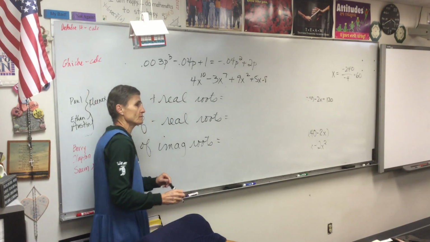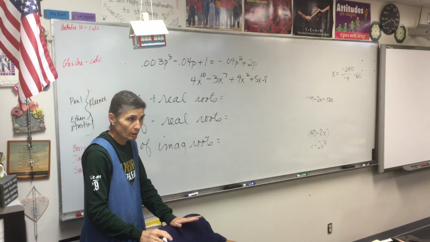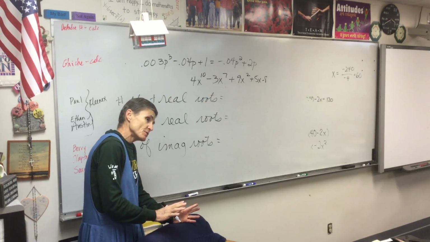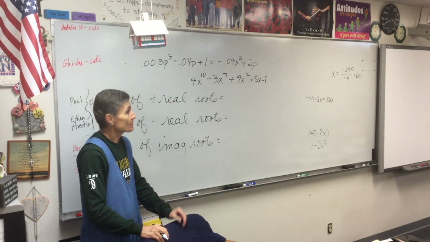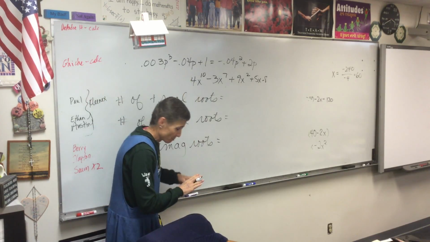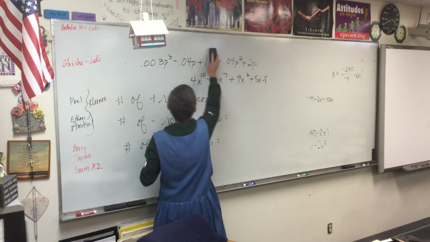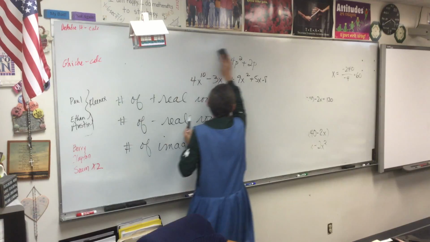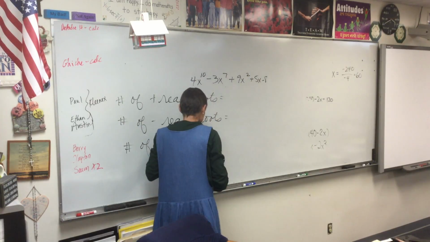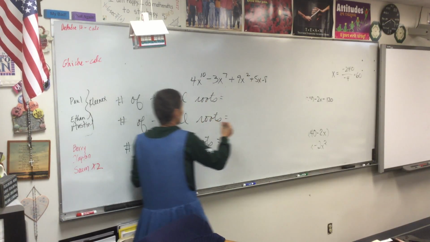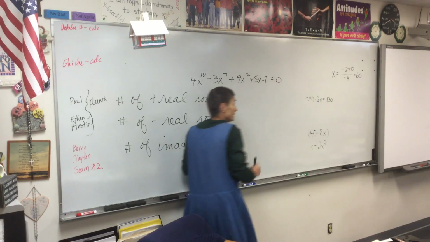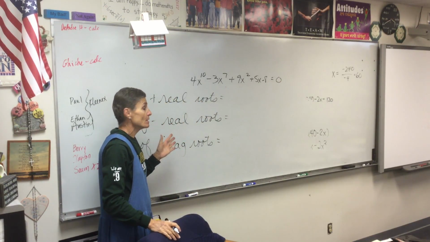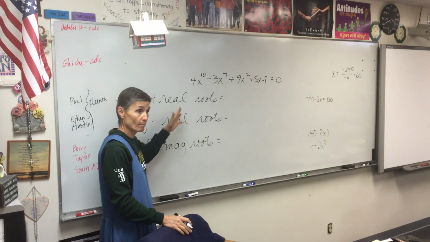So Descartes Rule of Signs is another tool, just like the PRRs, that sometimes can save you time and sometimes it doesn't. Now I know when I look at this problem that it has 10 answers. Some of them are real, some of them are imaginary, some of them are negative, some of them are positive. I have no idea, and we're not going to find them. We're just going to talk about what kind of numbers they could be.